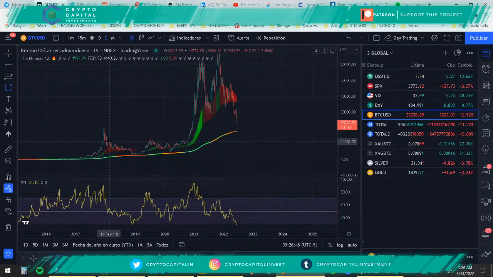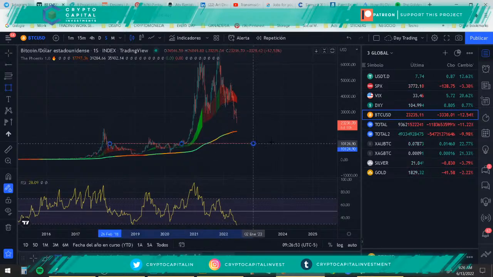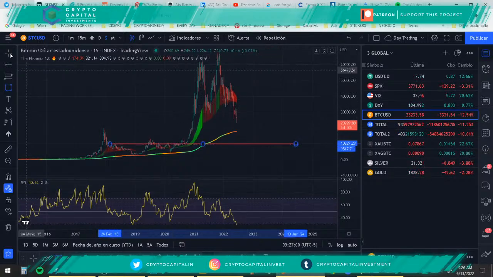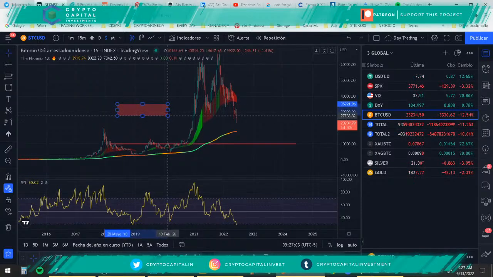Let's have it here. In these times of a lot of push to the downside, we gotta keep calm. We gotta analyze the things. So here's going to be our biggest bottom, which is 10K. And as a fact, it is possible.